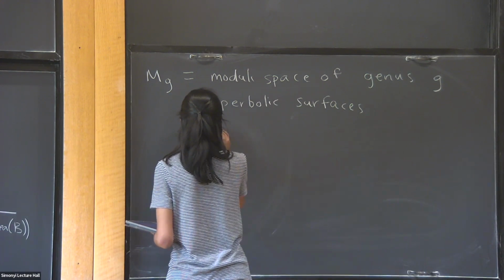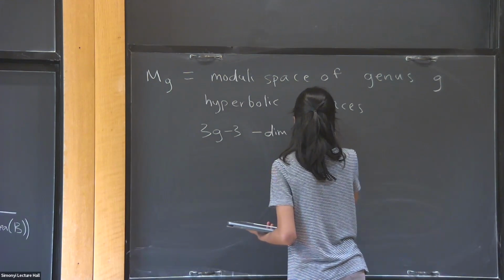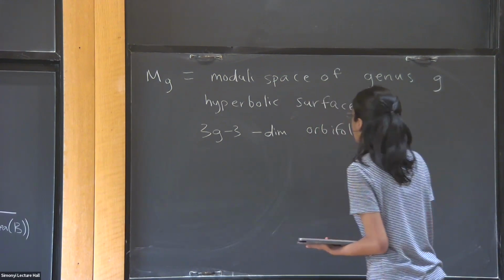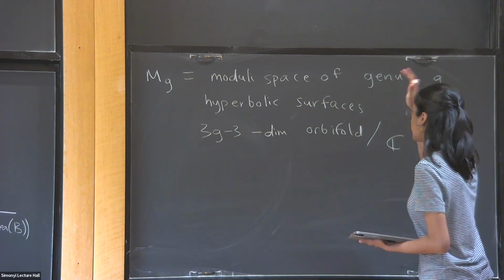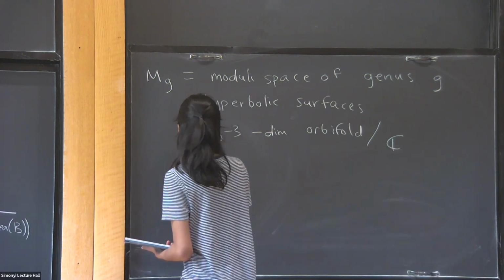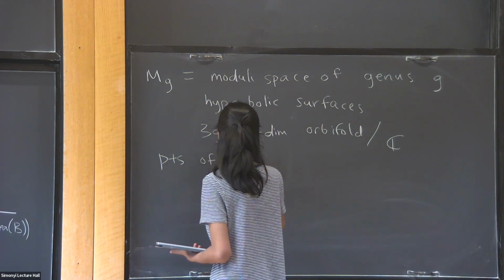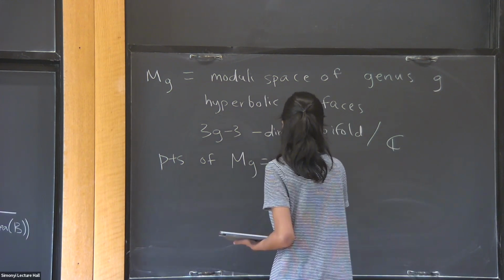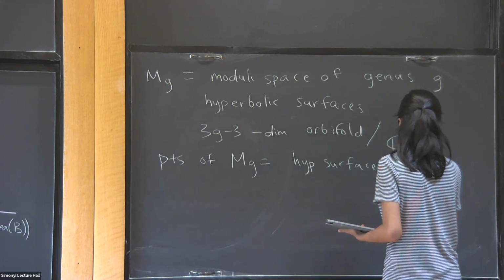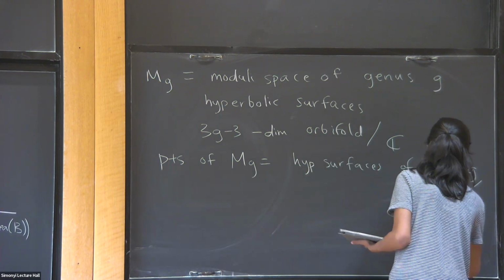This is a 3g minus 3 dimensional orbifold over C. If you don't think about orbifolds, you can just think about a complex manifold with some cone points. So in particular, the points of M_g are hyperbolic surfaces of genus g up to isometry.